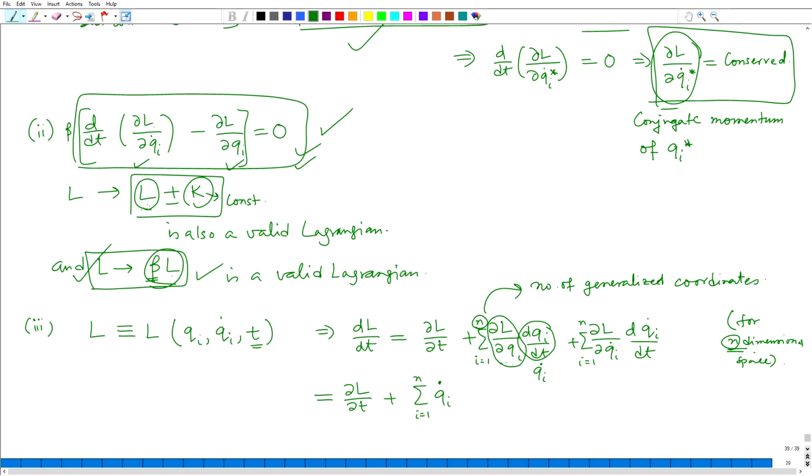This one, by the Euler-Lagrange equation, is nothing but d dt of del L del qi dot. And then plus you have the summation over i from 1 to n of del L del qi dot times d dt of qi dot.